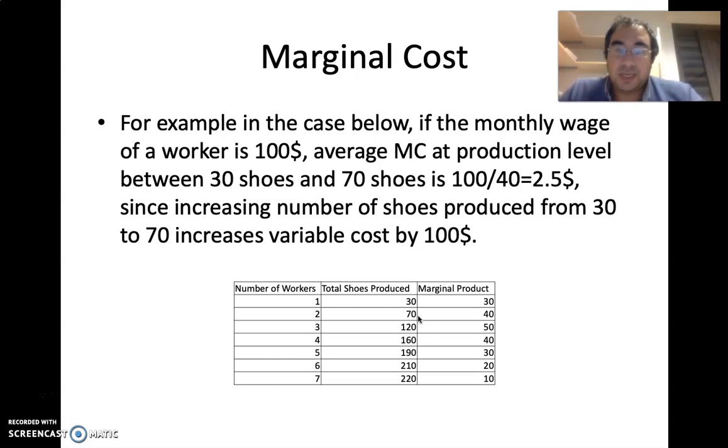So in order to get the benefit of this worker in the full sense, I need to produce 40 additional shoes, or 70 shoes in total. Again, in microeconomics, especially when you go to the advanced levels, you see it more clearly. It's assumed that workers don't need to be bought one by one. You can also buy 1.256 units of labor, for example, by employing workers part-time.